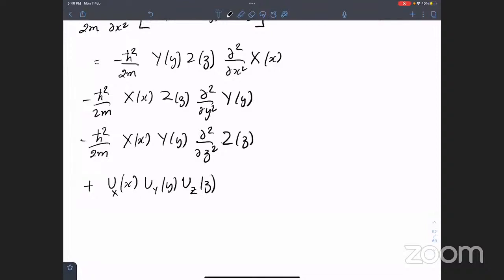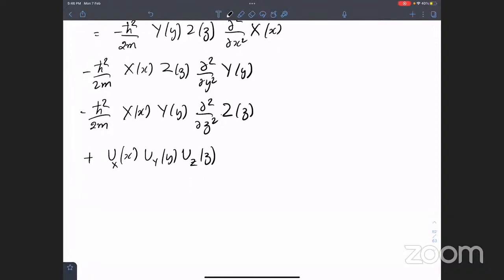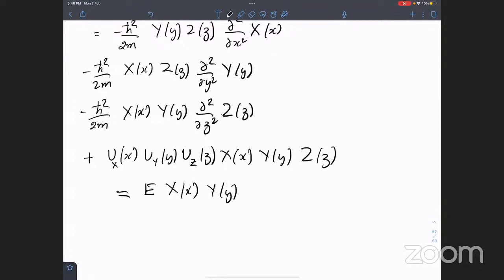So u is also separable. Otherwise, we're out of luck, right? And then this acting on X of x, Y of y, Z of z is equal to e into X of x, Y of y, Z of z.